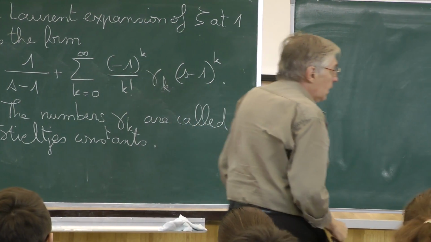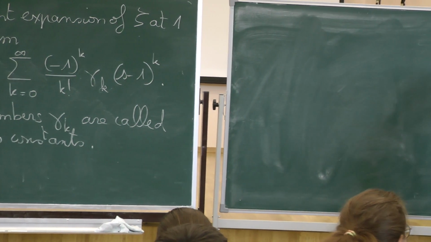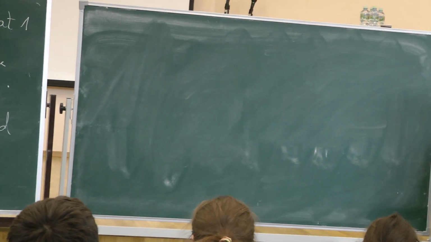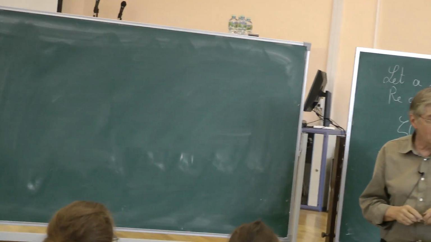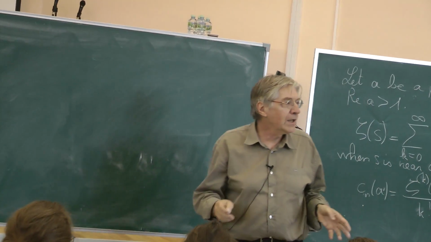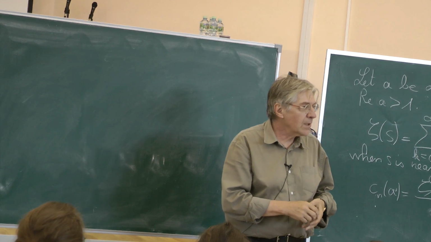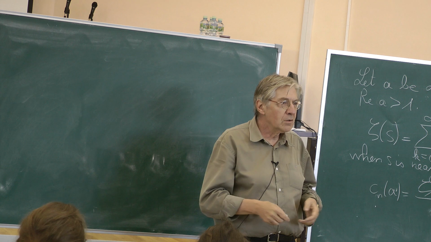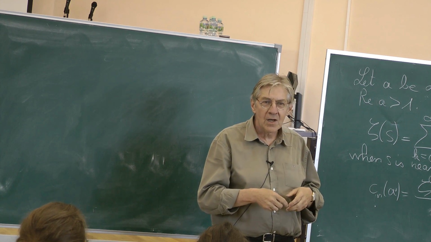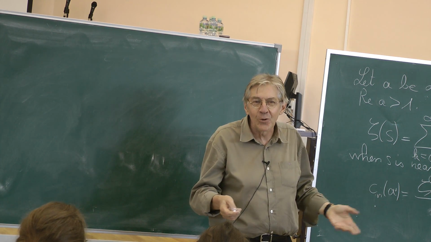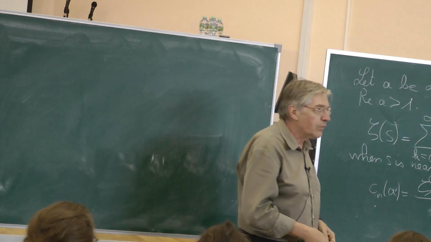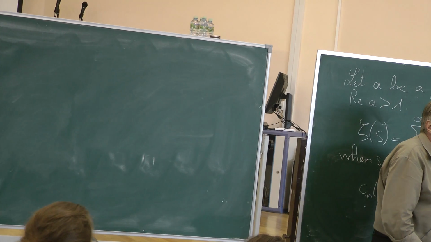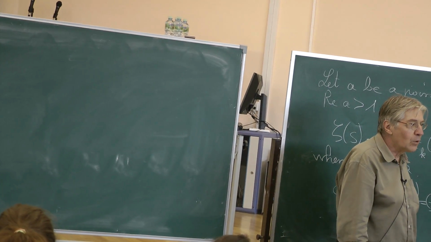So, in fact, we could try to do something very stupid and say a certain number of things which are completely false. For example, let us assume that the Riemann zeta function has no pole at 1. This is not true. That it is holomorphic. And that we can just apply the formula that we have here when we take a equal 1.